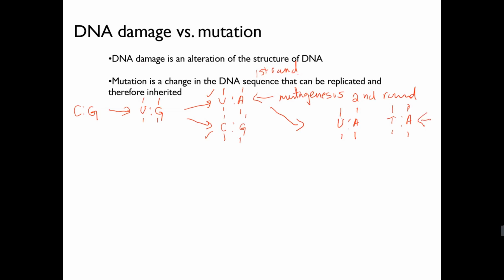And in these other instances, there's still damage present, and it's always possible for damage to be repaired before replication occurs. But once you've gone through 2 rounds of replication, this one here is not a repair template, because what is presented is a totally normal AT base pair.